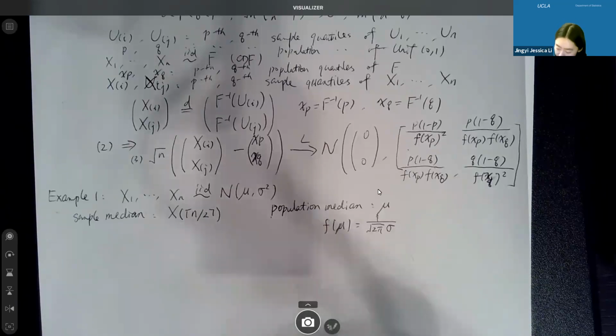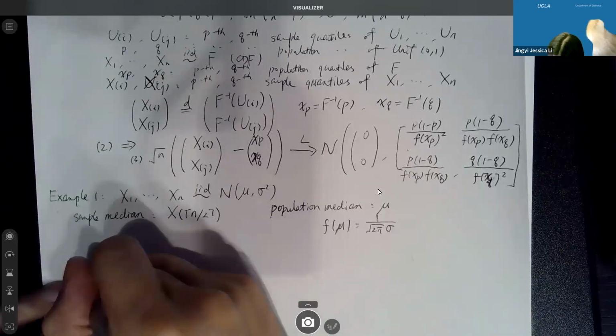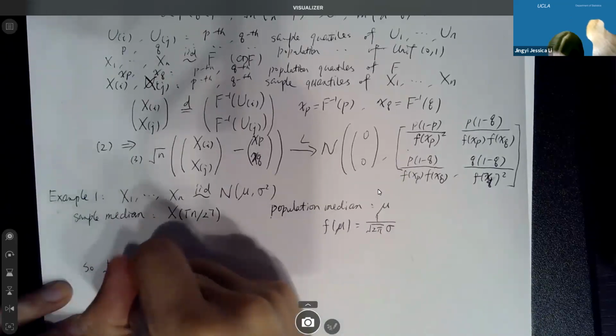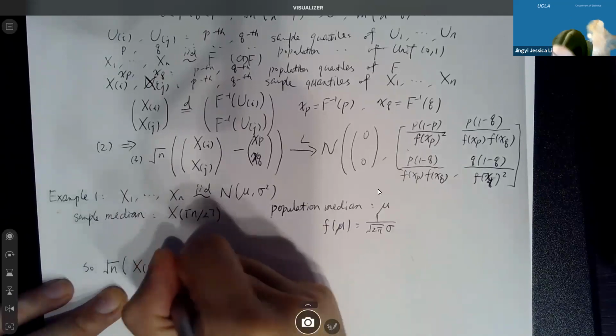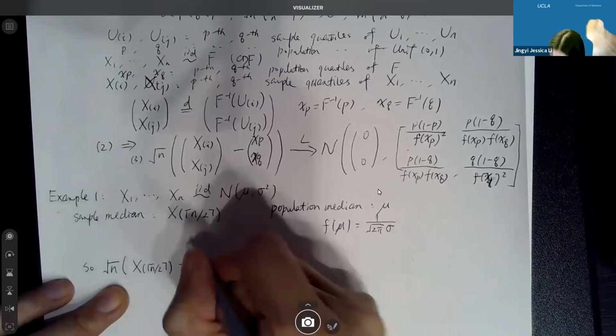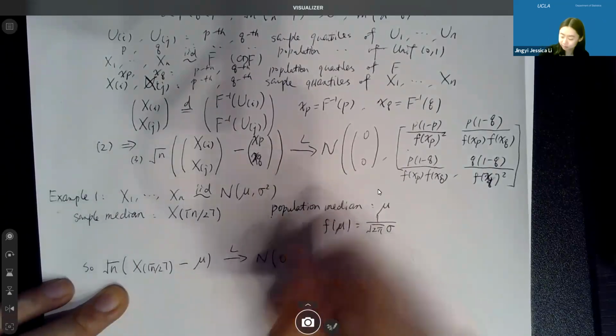So we are going to just do a plug-in of these things into the formula. So we would have √n times the sample median minus the population median converging in law to a normal distribution with mean 0.